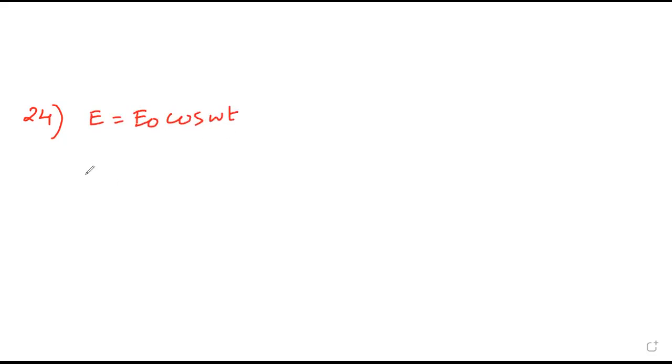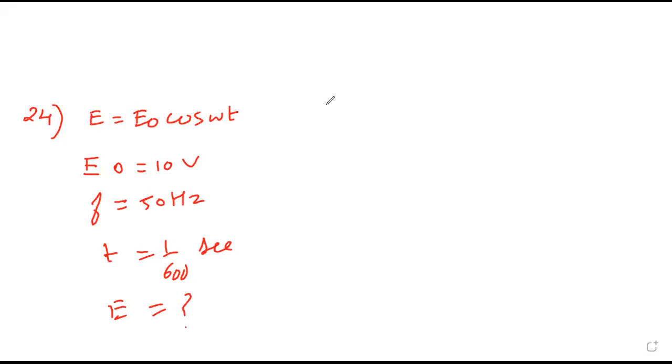Who is peak in this formula? E or E naught? E naught. E naught is 10 volt. And its frequency is 50 hertz. At time 1/600 second, what is the instantaneous value of EMF?